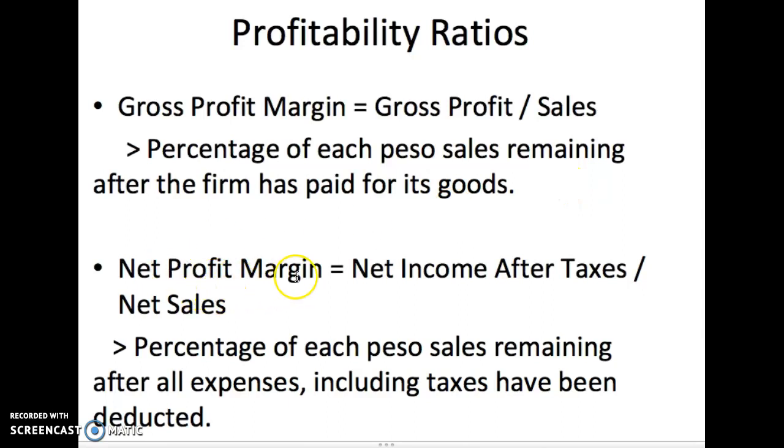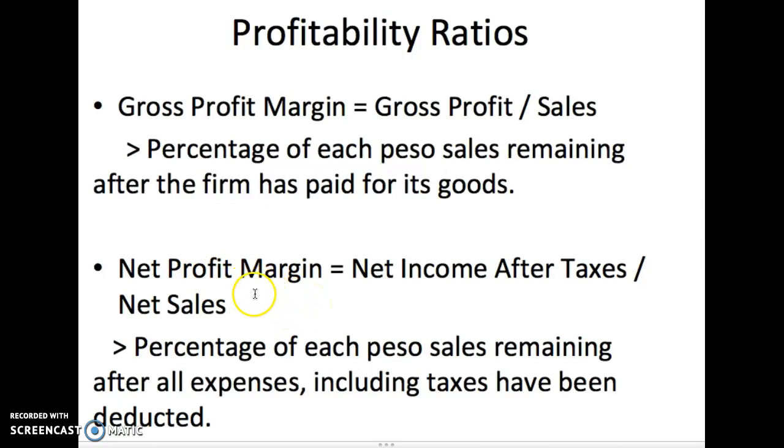Next would be net profit margin. So that's net income after taxes divided by sales. If you want to convert into a percentage, remember to multiply by 100 in all of the cases. So in this case, instead of looking at the gross profit, we are looking at the bottom line figure, the very last figure that we can see in the income statement. But instead of expressing that in peso values, we are talking about percentages.